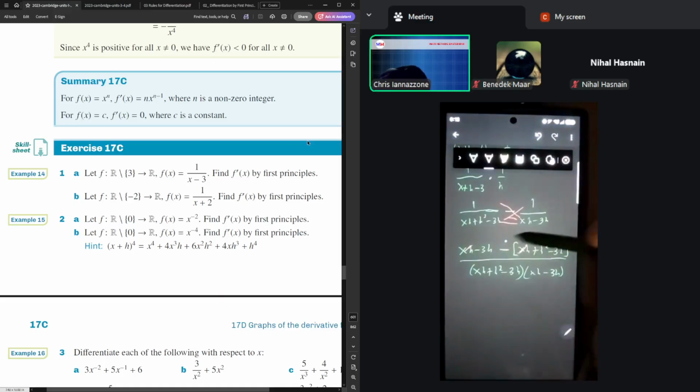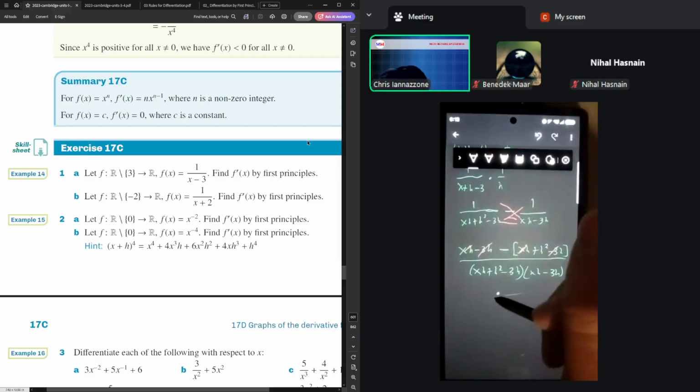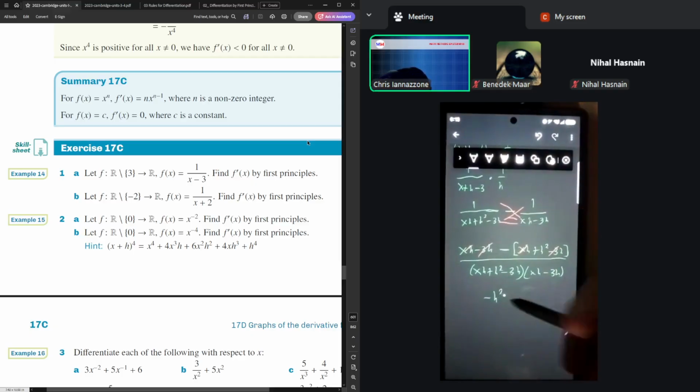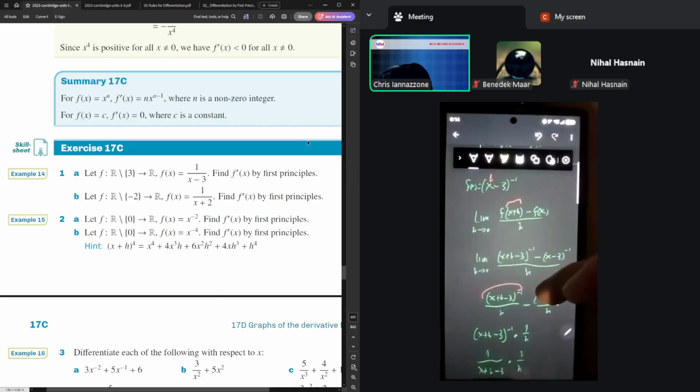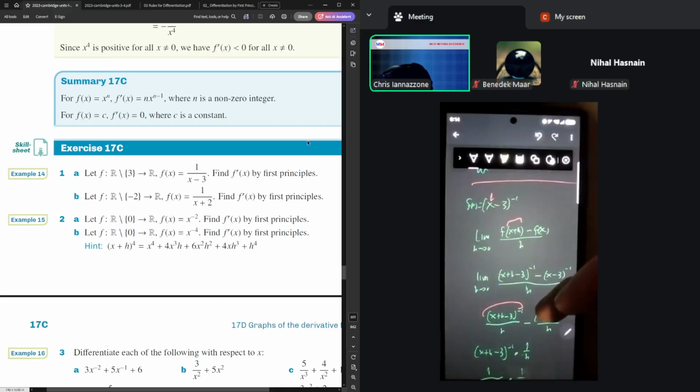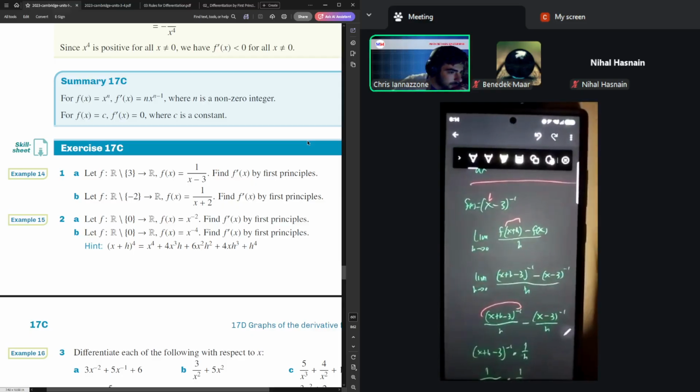Minus 3h minus 3h, those are going to disappear. So what you're left with on top, yeah, okay, we're going to have to. Something about this seems off now, because you're going to have negative h squared on top. And that's just going to force the whole thing to 0. That's strange.